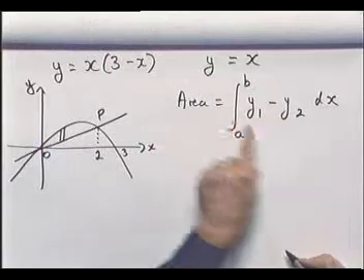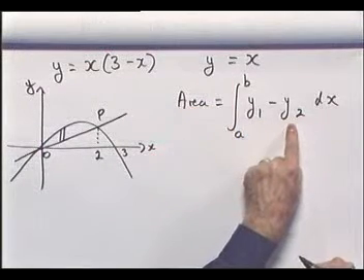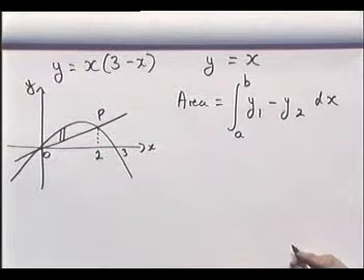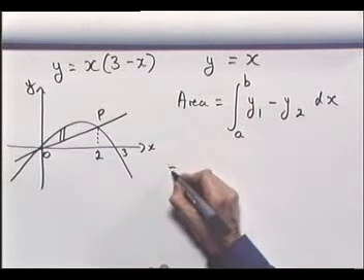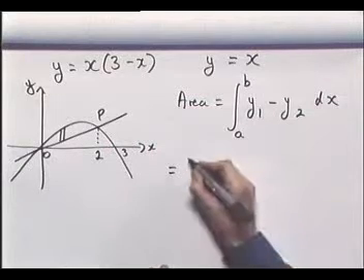In other words, take the upper curve and call it y1, take the lower curve and call it y2, subtract them, and then integrate between the required limits. Well, let's see if this will give us the same answer as we had in the previous case.